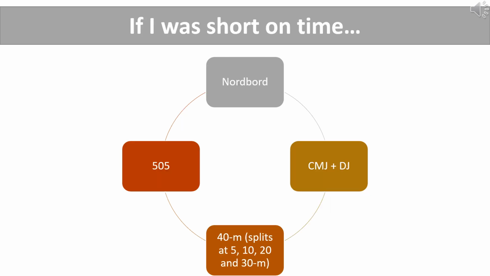So with that in mind, I would probably look at maybe just 4 instead of 7 or 8 physical characteristics. I would probably keep strength in there and only focus on hamstring strength by keeping in the Nordboard.